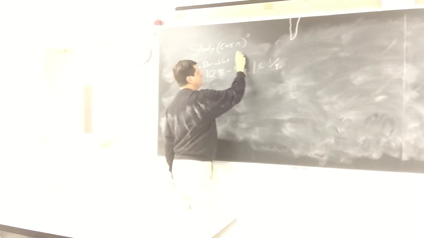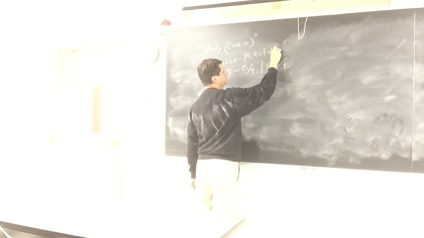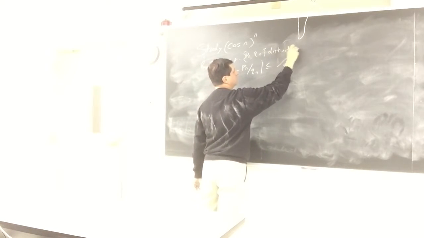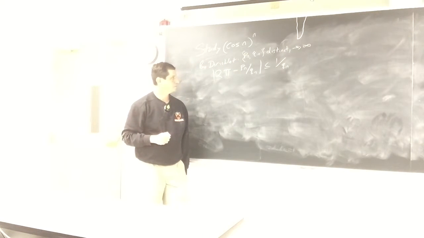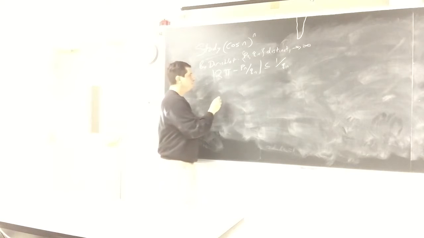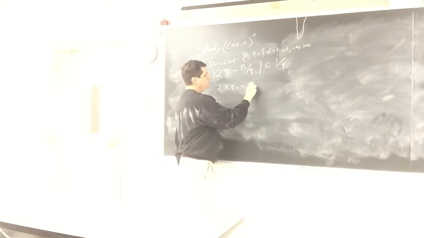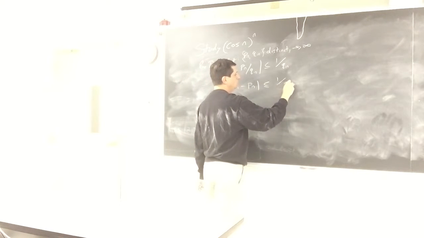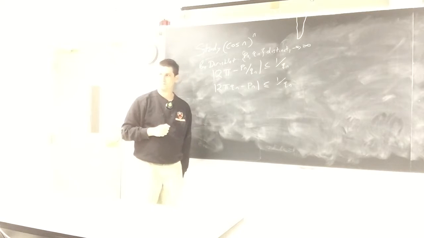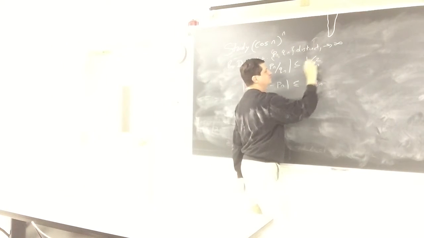And so we'll have a sequence pn, qn, distinct, and they're going to infinity. Well, what this means then is |2 pi qn minus pn| is less than or equal to 1 over qn. I missed the square, thank you. That would be bad.